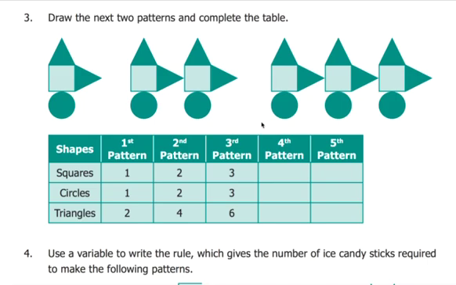Okay, like that you can proceed, you can fill up the table, right? 4, this is also 4, this will be 8, 5, this one also 5, this one will be 10.